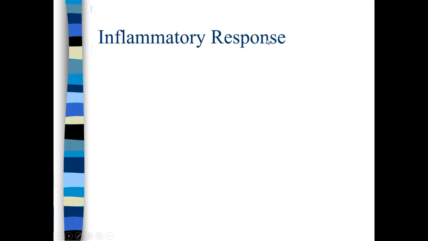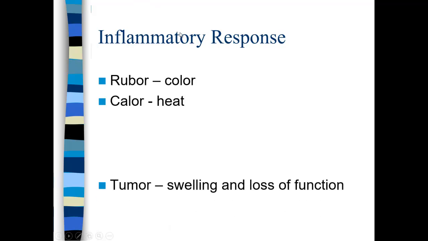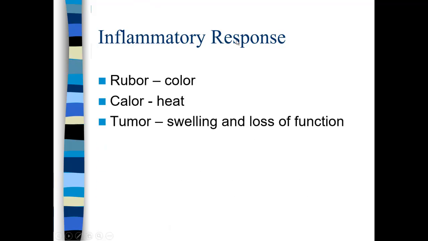Okay, so if we look at the inflammatory response, let's just break it down into how it looks in terms of signs. First we have rubor. Rubor means the color of the response, which is usually red. Calor, which sounds like color, which makes it a little confusing, but calor is heat. You actually feel heat at the inflammatory site. Okay, tumor, just like it sounds, it's like a tumor, only it's not a cancerous tumor.